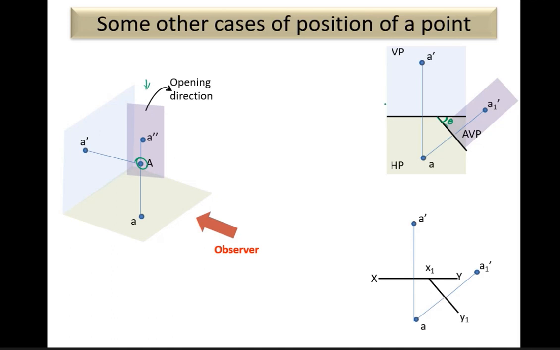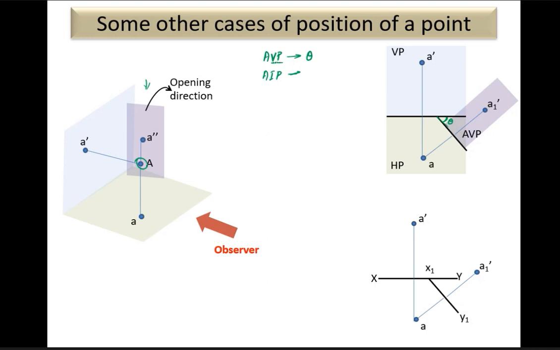Okay, so we know our auxiliary vertical plane. See, I'll tell you a way that you will not get confused. Auxiliary vertical plane means it will make a certain angle with VP.